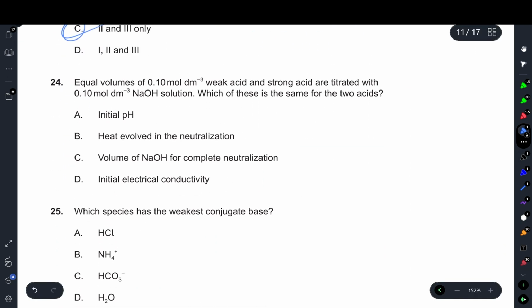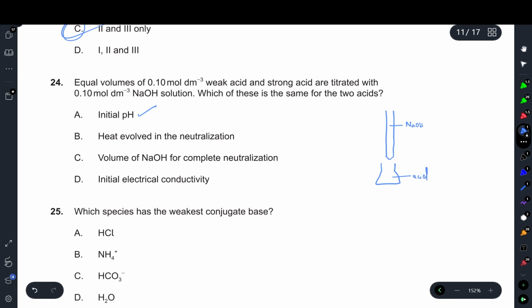Up next, question number 24. When equal volumes of a weak acid and a strong acid are titrated with the same base, what is the same? Let's look at this. The initial pH is going to be different because the solution in the burette is your NaOH and your conical flask is your acid.